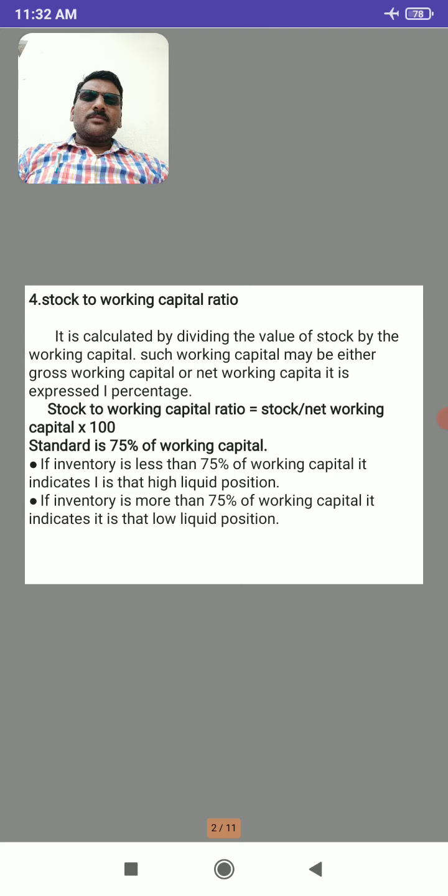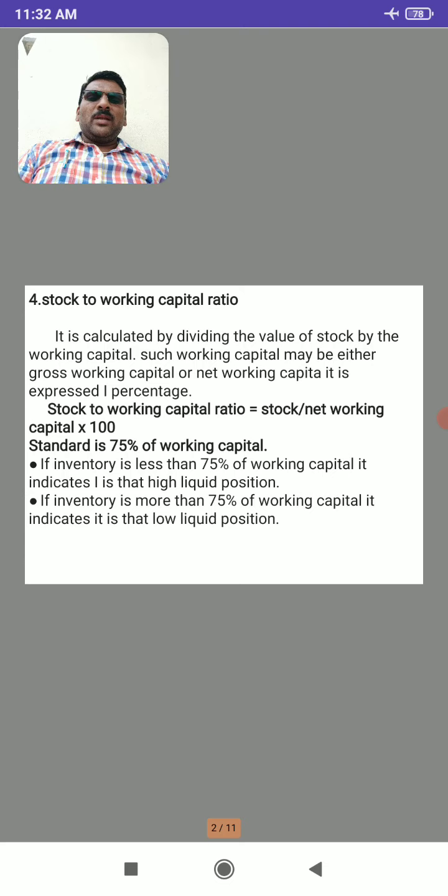In the first session we have seen that if one asset is divided by another, or an asset is divided by a liability, and it is multiplied by 100, the answer will be in percentage.